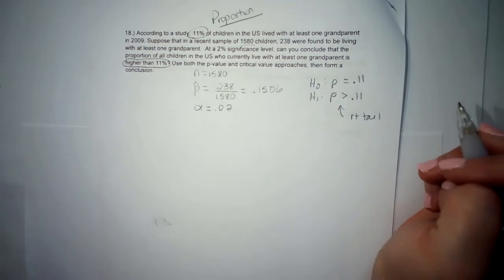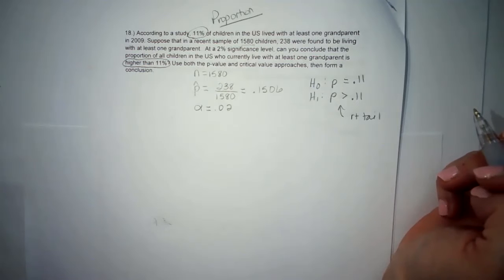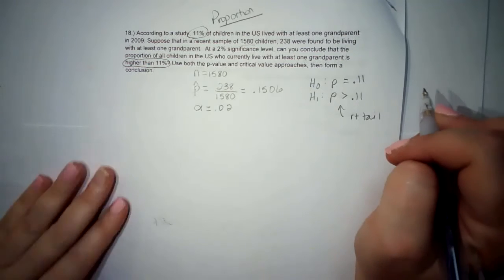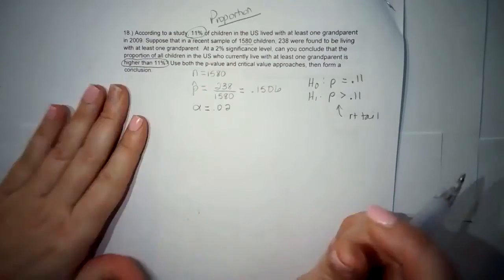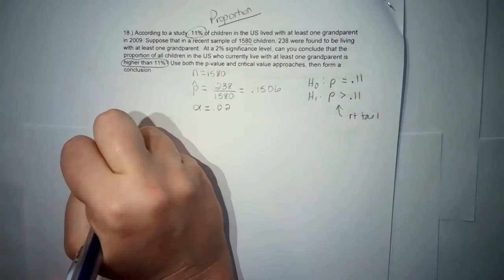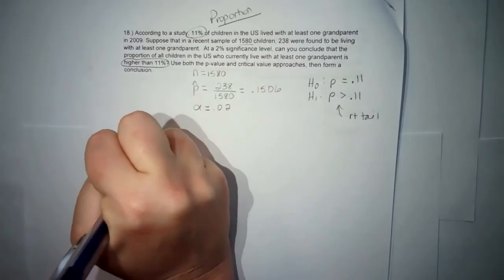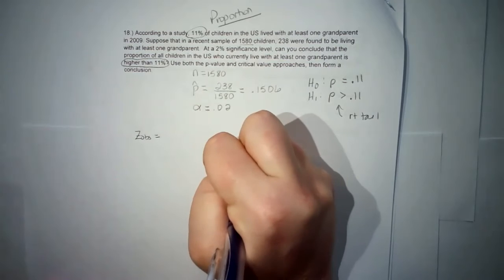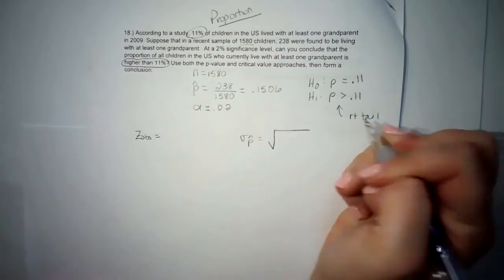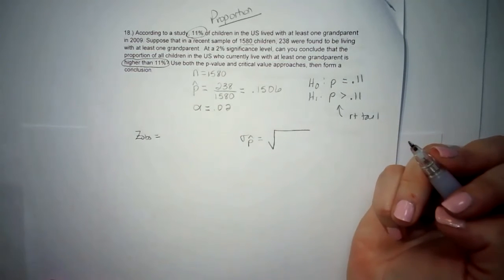All right, so we're on proportions. We're going to do a right-tailed test, and we're going to have to do both approaches. Okay, so here we go. Let's go ahead and find Z observed. We know we're also going to have to find sigma p hat first, right? Because it'll be our denominator.